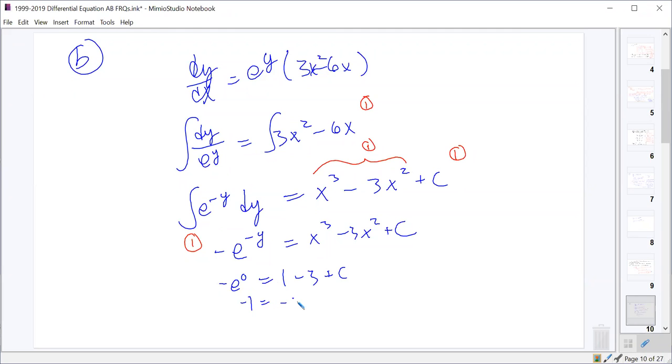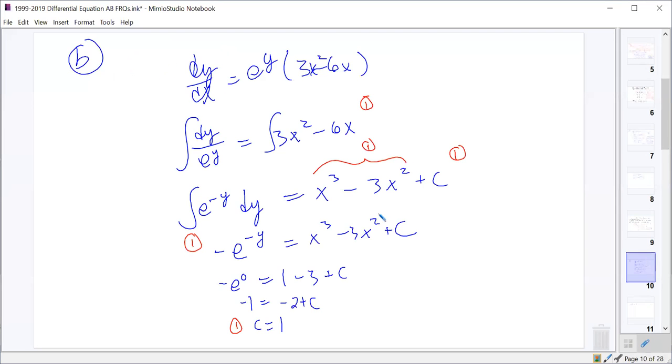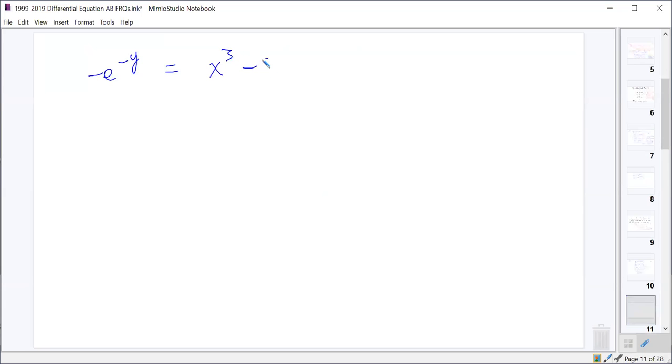Negative 1 equals negative 2 plus c, and our constant is 1. And so getting your correct constant is a 5th point. And then we've got negative e to the negative y equals x cubed minus 3x squared plus 1.